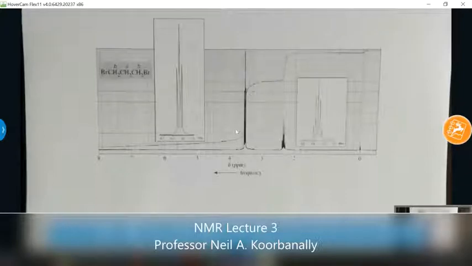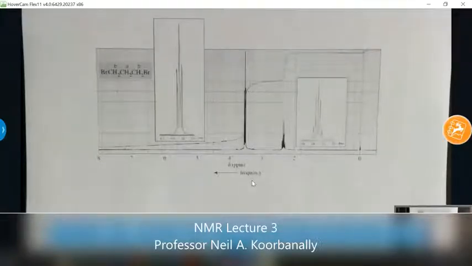All right, so this is an integral curve. Basically what it does is measure the area under the resonance or under the signal. This here is an expansion of this. So it measures the area under this curve and represents it as an integral curve. What we need to do firstly is find out how this integration is going to help us.